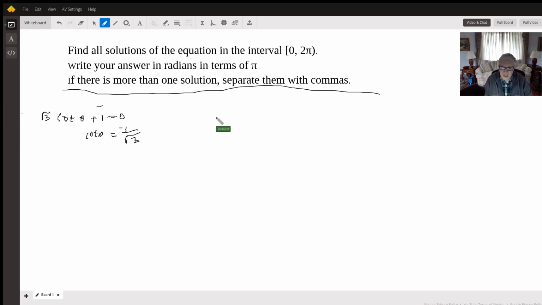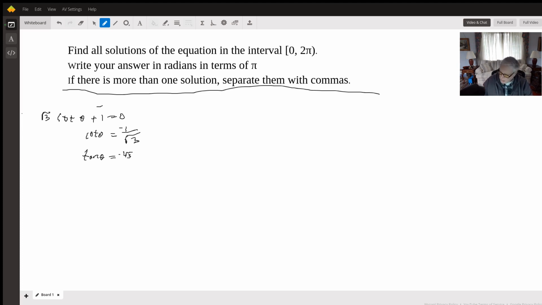And I prefer to work with tangent rather than cotangent, so we just take the reciprocal. So the tangent of theta is equal to negative root 3, or root 3 over negative 1, whichever you prefer. Now you just have to think about the unit circle and how you're going to get something to work out properly.